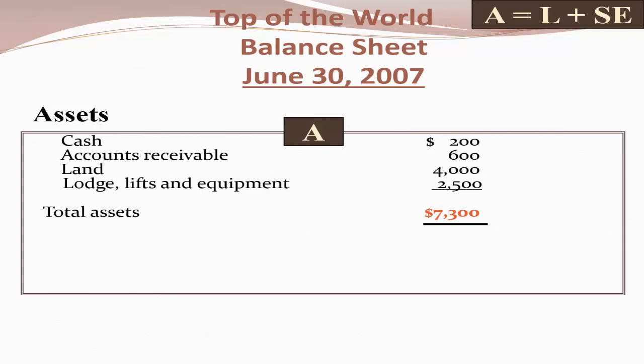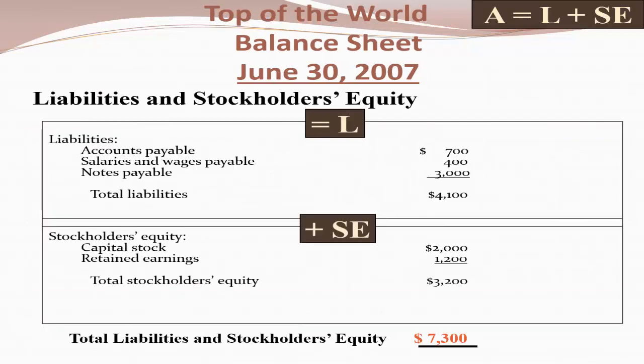We have cash, accounts receivable, land, equipment, and these are the total assets. We have here the liabilities and stockholders' equity. So assets equal liabilities and stockholders' equity.